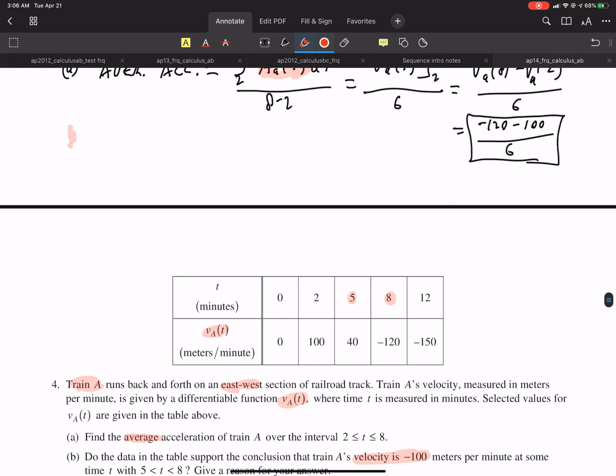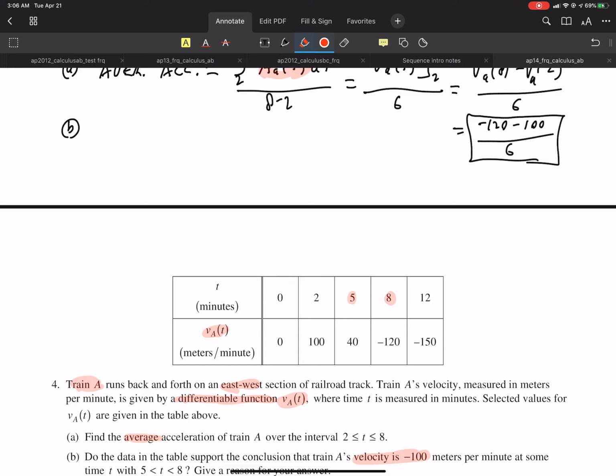I'll place it right here. So what must be true for the intermediate value theorem to work? The only condition is that it must be continuous. Now, if we read the original question, and I didn't do one of my rules, we're supposed to write down all the known information. So I should have said earlier that VA is differentiable.